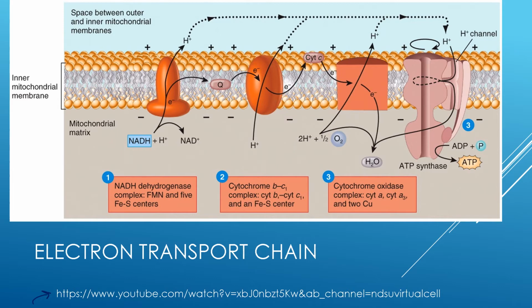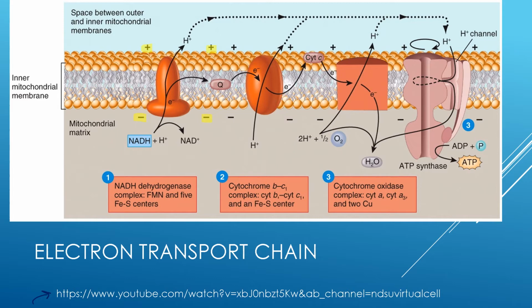So the pumping of hydrogen ions produces both a concentration gradient of protons and an electrical gradient. The buildup of these hydrogen ions makes one side of the inner mitochondrial membrane positively charged. So we can see these positive charges here, compared with the other side, which is going to be more negatively charged. So we get this resulting electrochemical gradient that has potential energy.